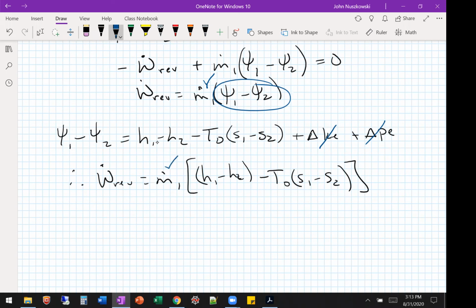We have our mass flow rate. We have our dead state temperature, which was given to us in the problem. So then we need enthalpies and entropies. So what do we do to get that?